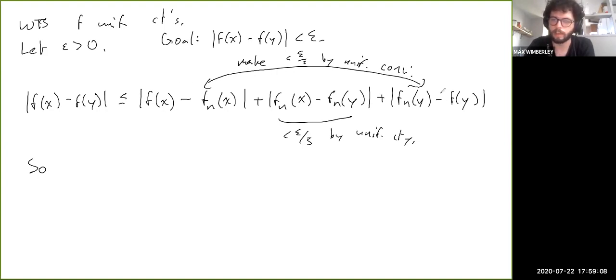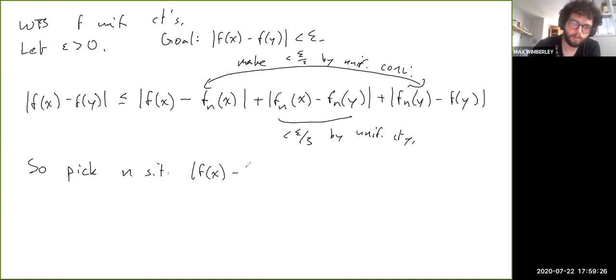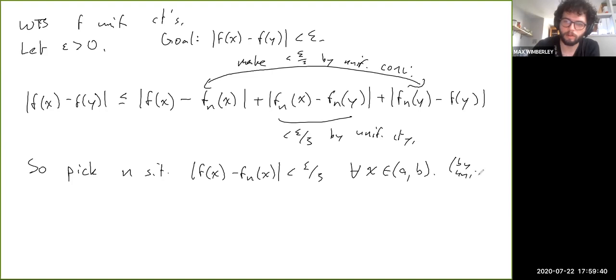We have to enforce that condition first, because that's what tells us which n to pick. And then we can't do the middle one until we know what value of n we're interested in, right? So pick n such that |f(x) - fn(x)| is less than epsilon over 3 for all x in AB. This is possible by the uniform convergence.